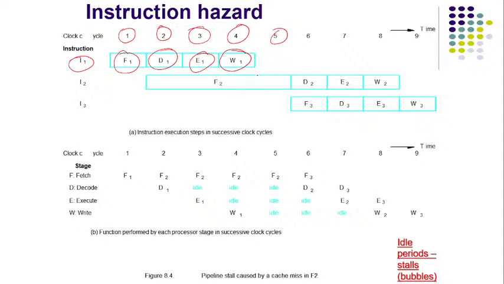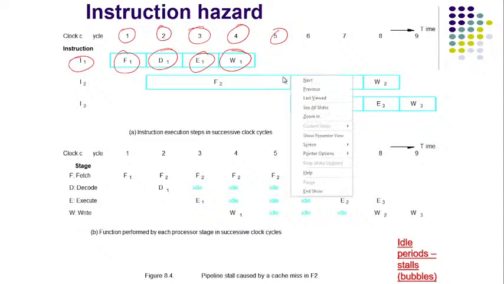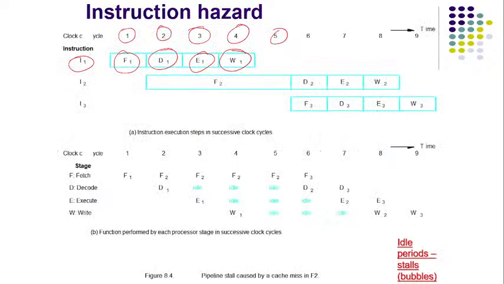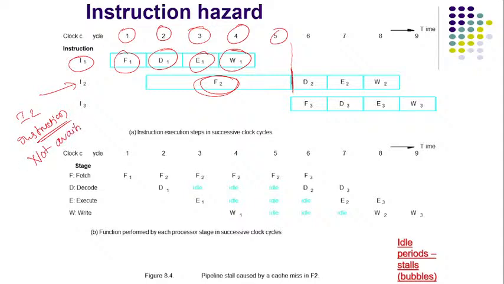Here the second instruction, the I2 instruction, is not available till the end of the fifth clock cycle.